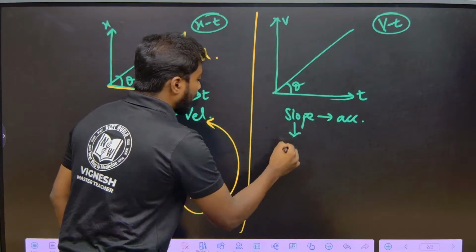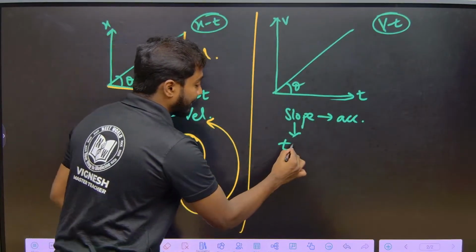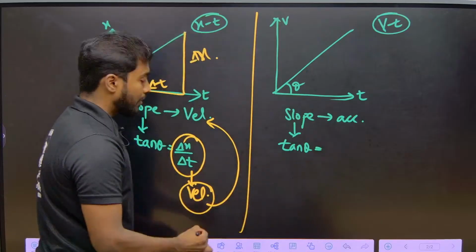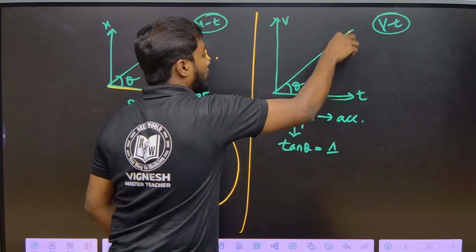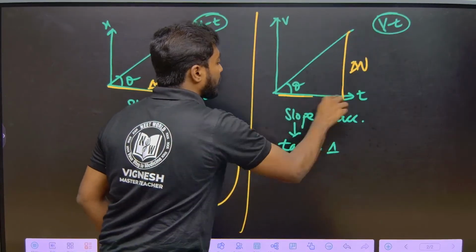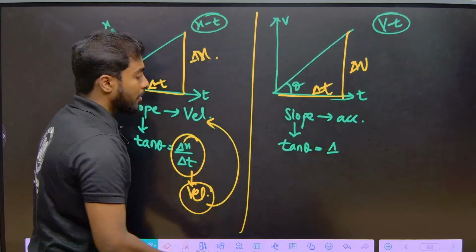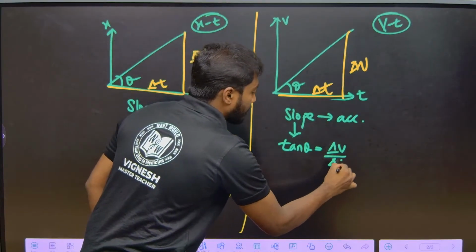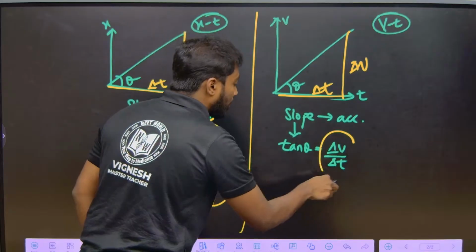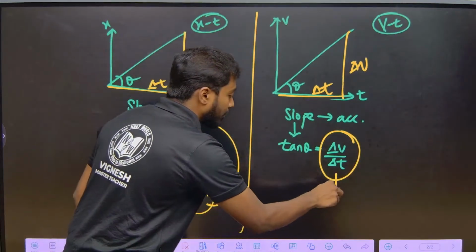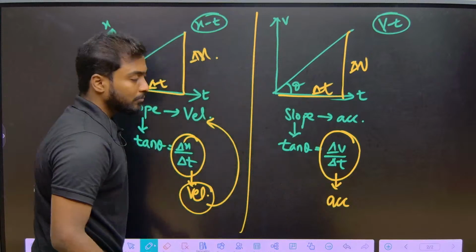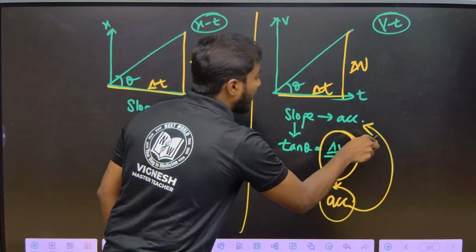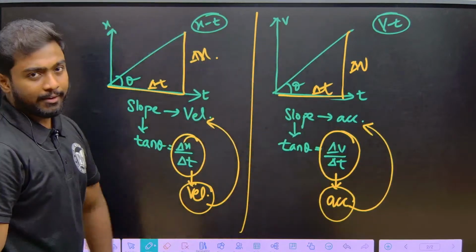Why am I saying acceleration? Tan theta is equal to, if you see, this is delta v and this is delta t. So del v by del t. Velocity by time is nothing but acceleration. So that's why the slope of the v-t graph gives acceleration.